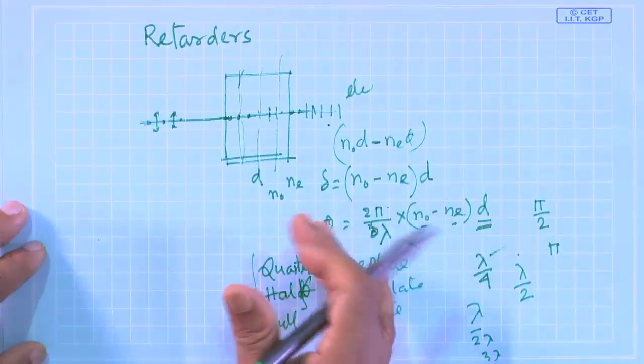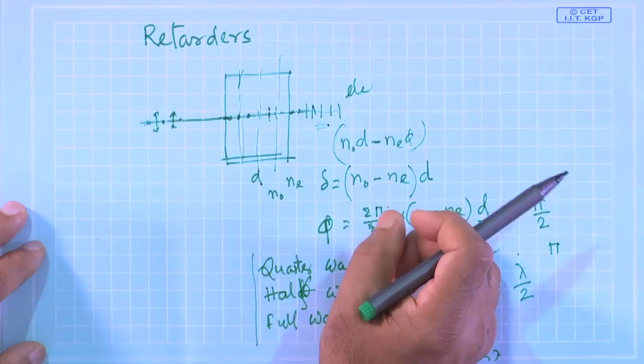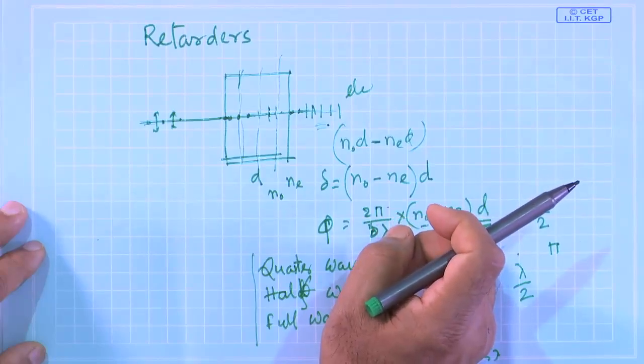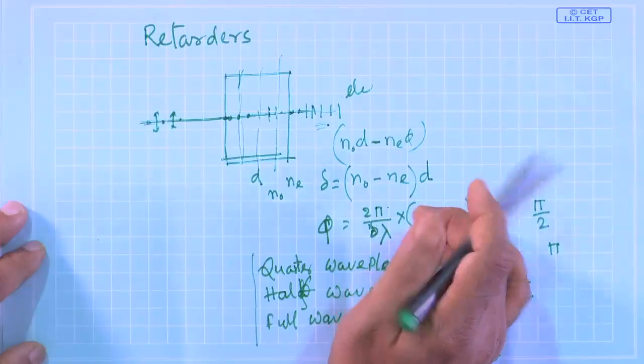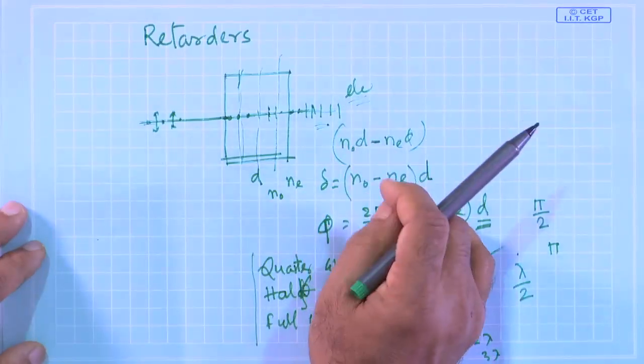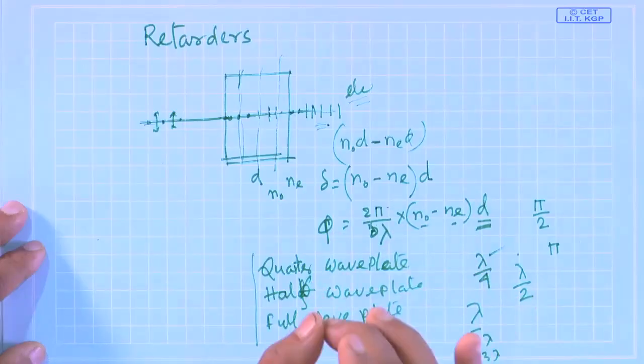Depending on the phase difference, path difference, and the amplitudes of the E ray and O ray, it will be decided whether you get elliptically polarized light or circularly polarized light.